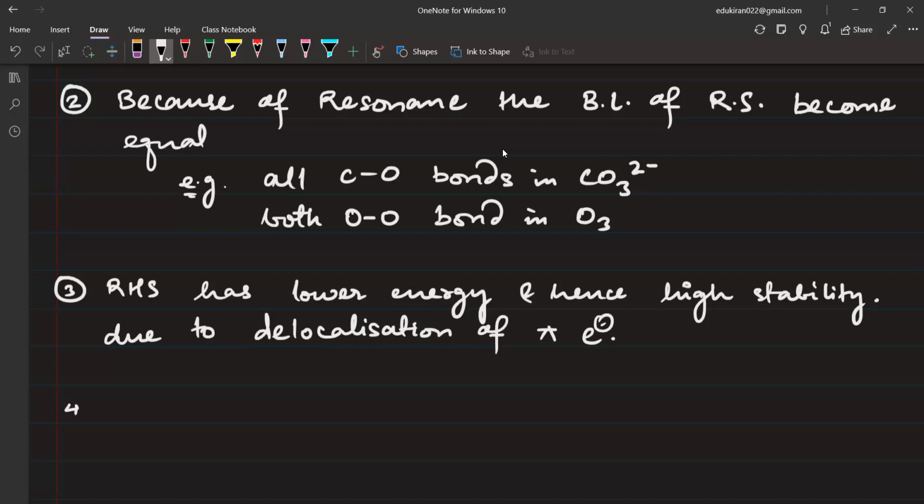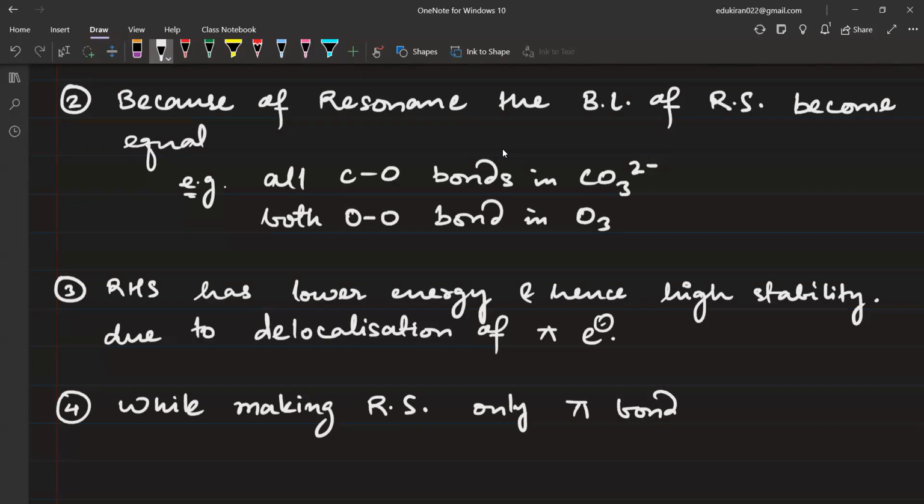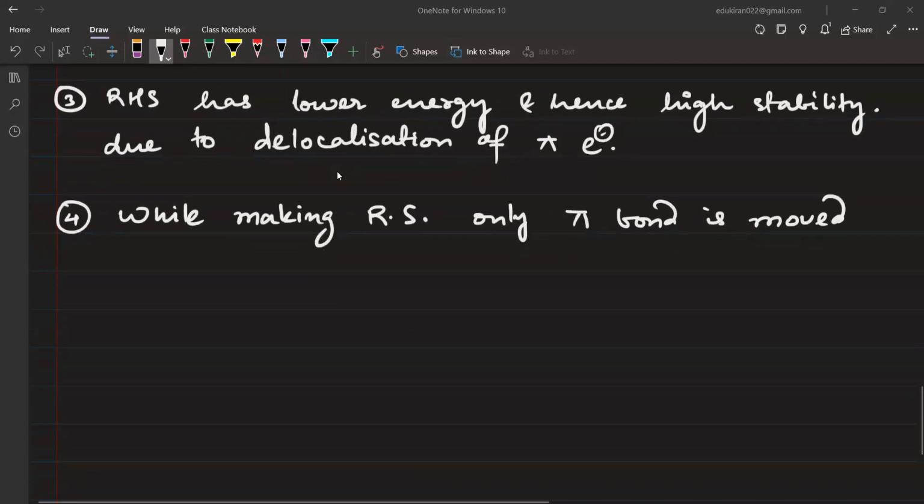Right, the fourth point. While making resonance structure, only pi bond is moved.